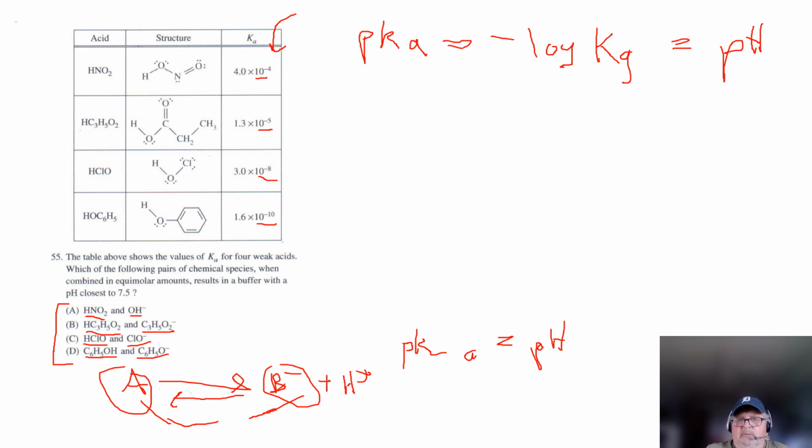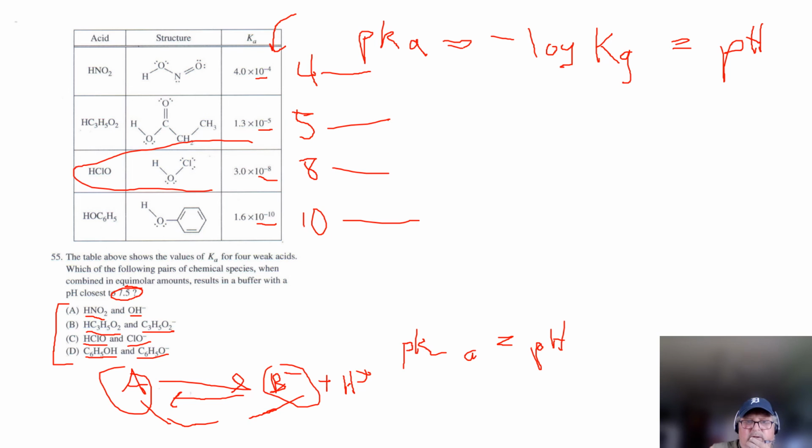So the pKa is going to be the minus log of the exponents. Minus log of 10 to the minus fourth is 4, and the others are 5, 8, and 10. So this has a pH of about 4, pH 5, pH 8, pH 10. Which one is closest to 7.5? Right here. And you could plug it in to see if it works out, and it does.